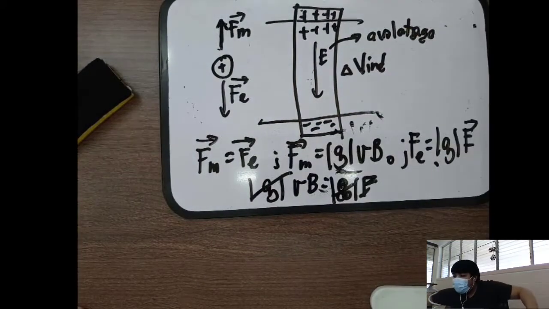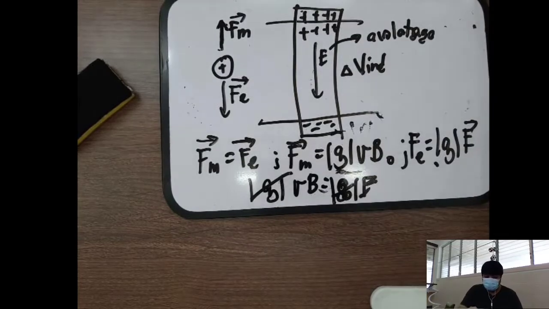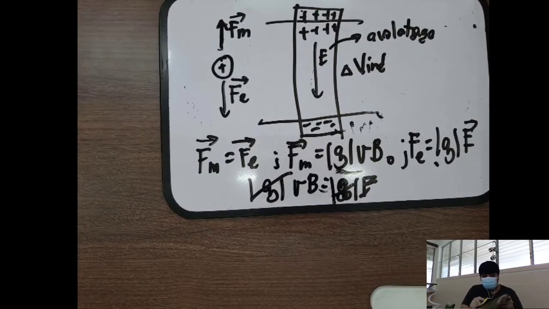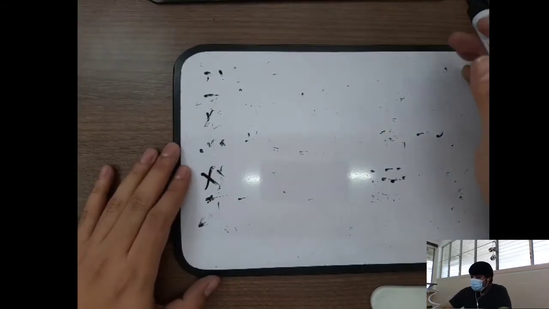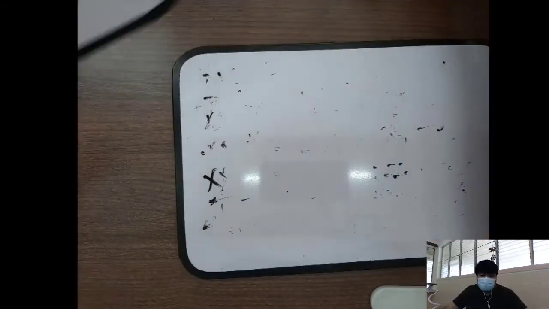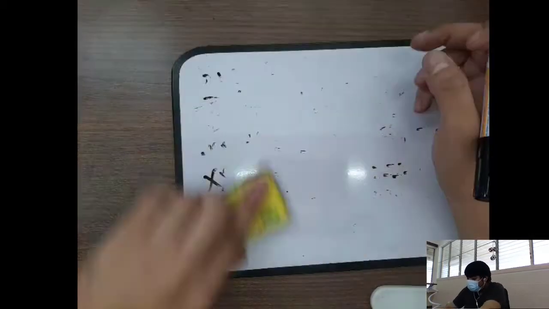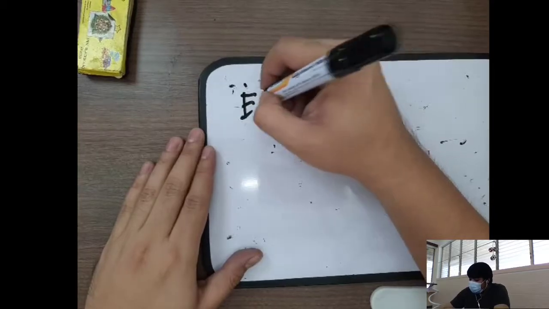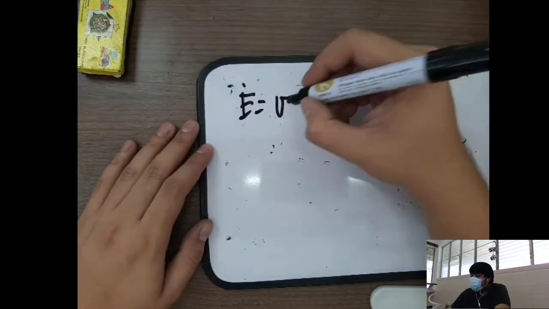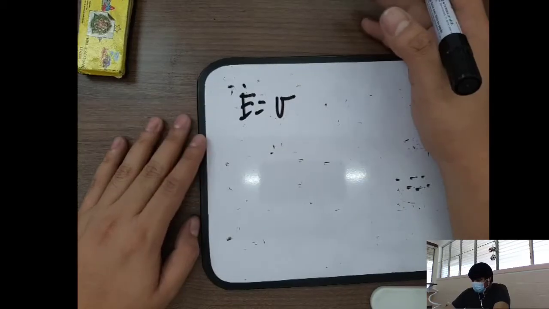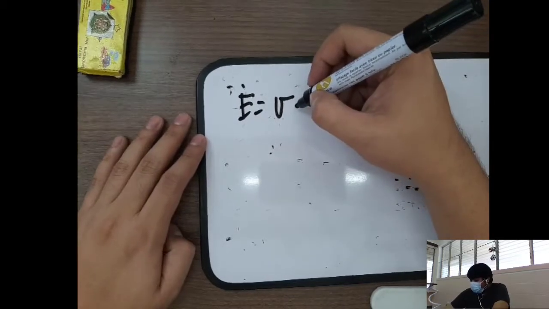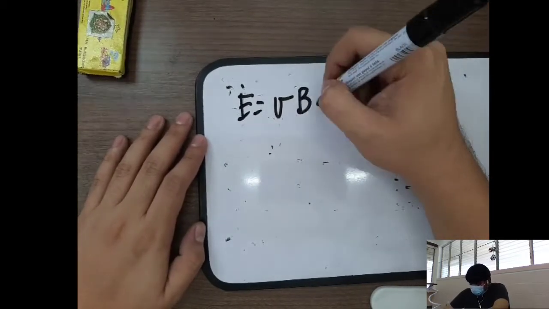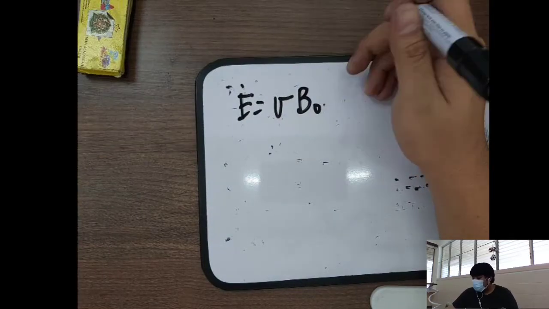Therefore, the electric field within the conducting material, or the straight conducting wire, is equal to its velocity multiplied by the magnetic field strength that it experiences.